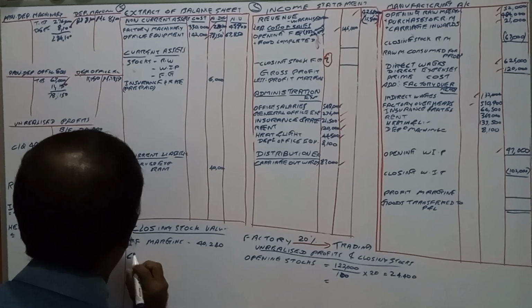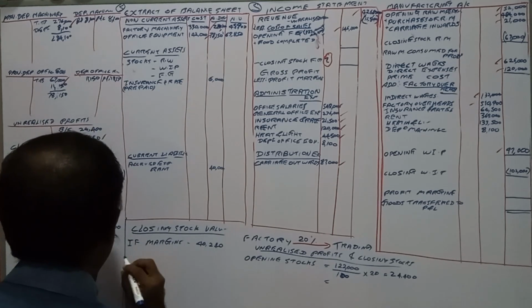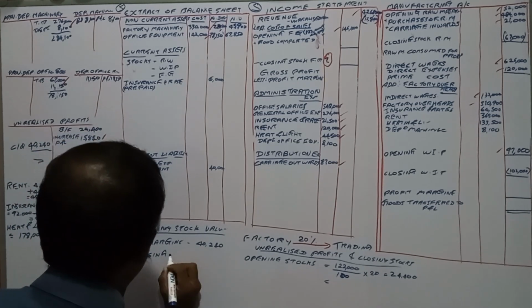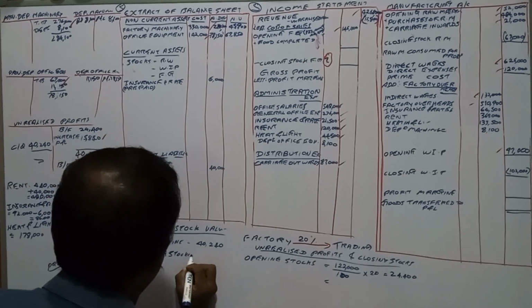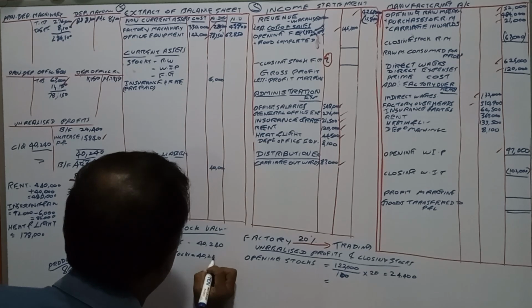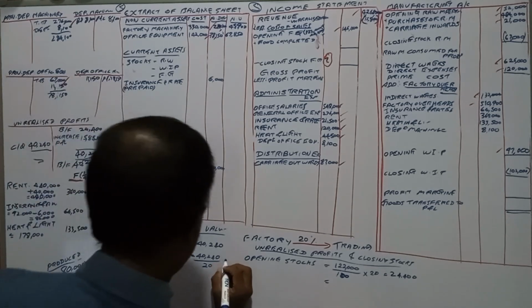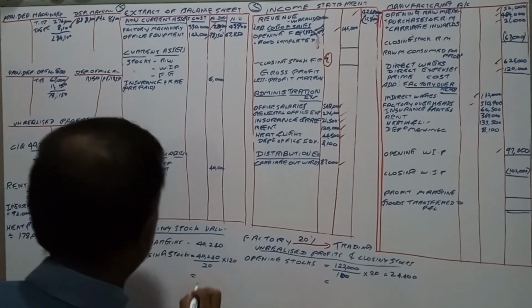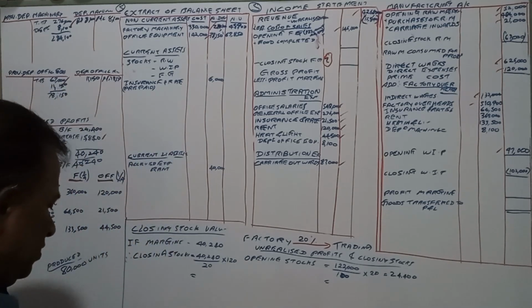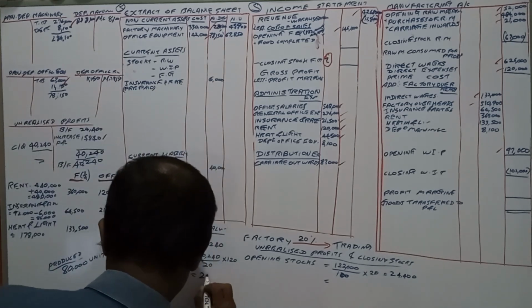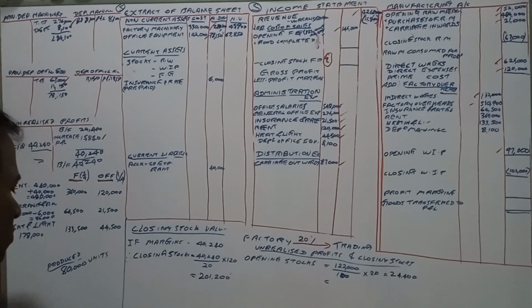Therefore, closing stocks will be 40,240, which is 20% on 120, so 40,240 divided by 20 into 100. 201,200 is the closing stock value.